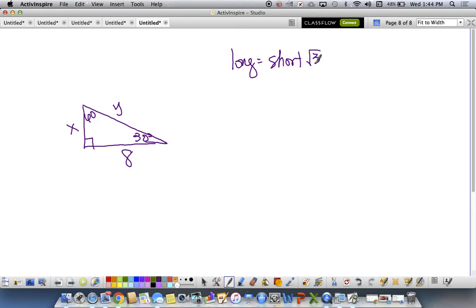Putting that up there a few times. Hope you have it at least once. And what in this do I have? Long equals the short times root 3. Which piece do we have? When you divide by the square root of 3, x equals 8 divided by the square root of 3. What are you multiplying by?